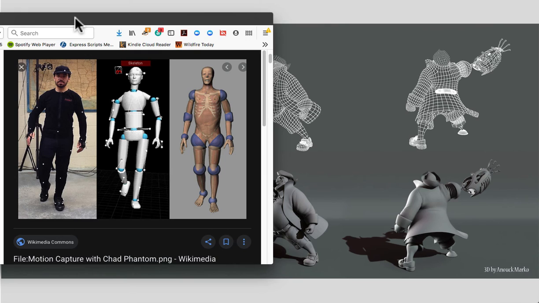Once we get to the idea of the model being done, we animate it using a technique called motion capture. Motion capture essentially takes a person and puts sensor dots on different parts of the body, depending on the kind of detail. And then that person does some kind of action like walking or something like that.